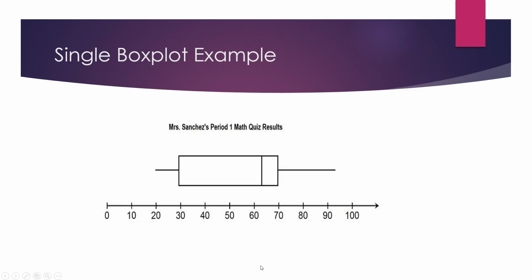So with this, as well as with histograms, we don't know the original data any longer. We're just now starting to summarize it. And this is okay. Sometimes this is actually a good thing, because if you have 1,000 numbers in your data set, you don't want to have 1,000 dots in a dot plot, but you do want to have a really nice, clean way to view the data in a graph.